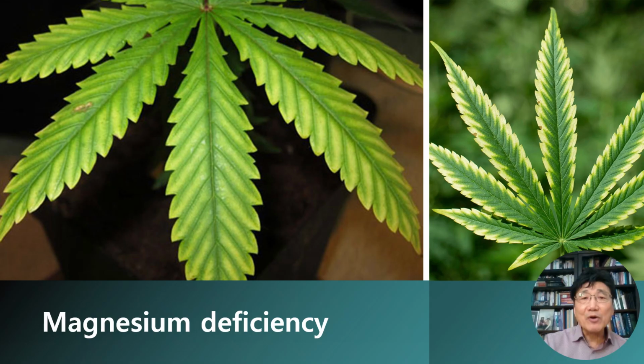Magnesium is a mobile element, so deficiency symptoms start in the mature leaves. All the leaves show yellowing between veins, so it's called interveinal chlorosis.